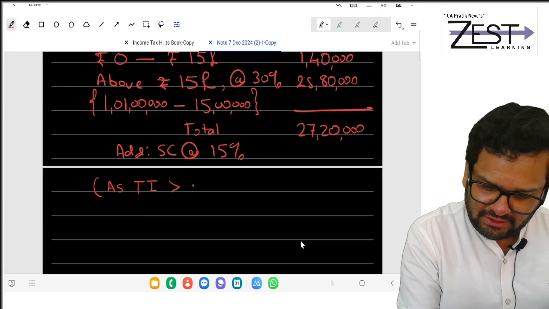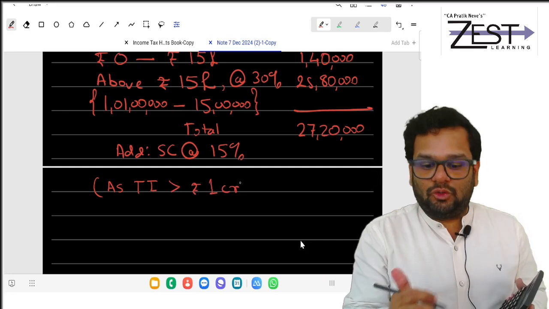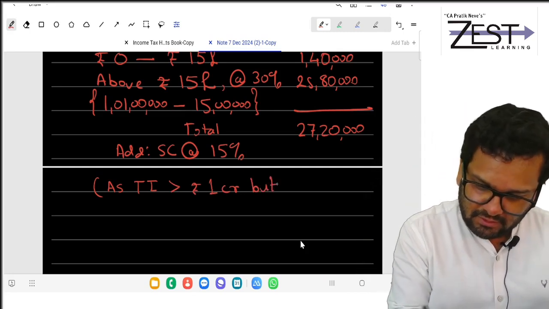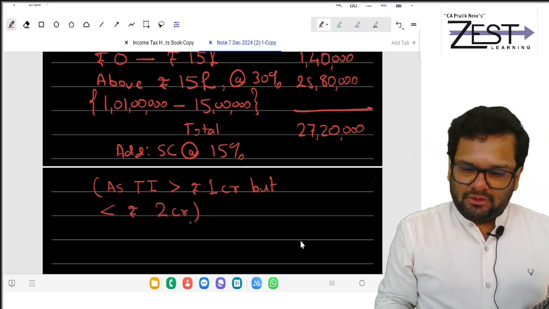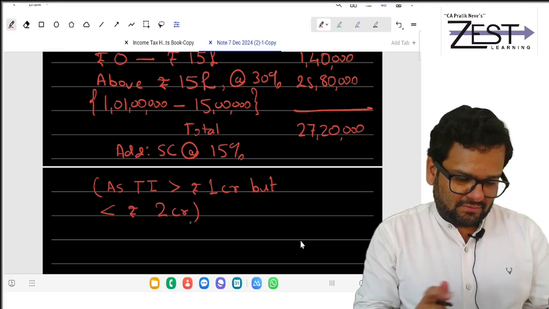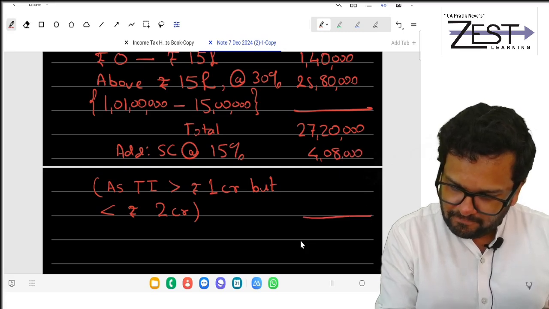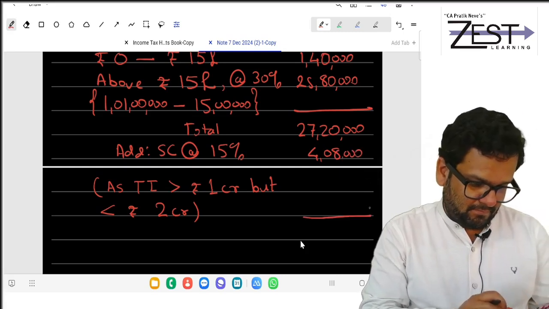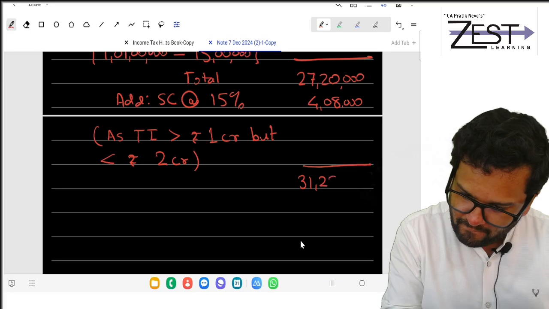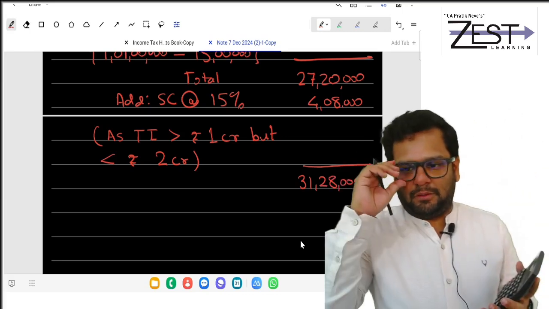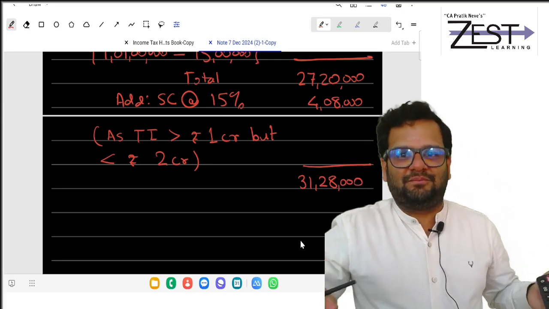As total income exceeds 1 crore, but is less than 2 crore. So can you calculate at 15%? 4 lakh 8,000. 31 lakh 28,000. Your friends who are absent, tell them to watch today's session and come.